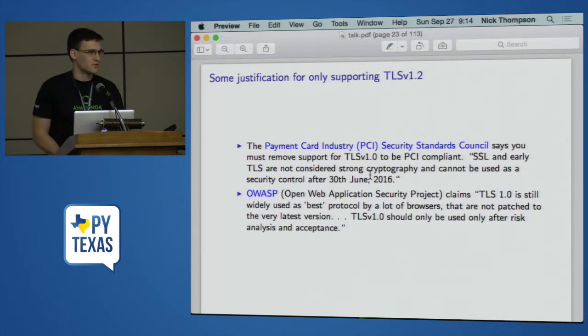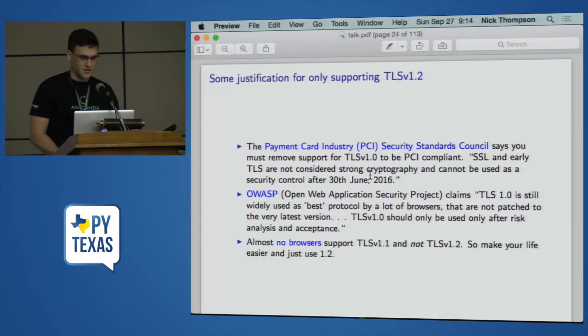So if you're engaging in any sort of credit card payments or stuff like that, which you hand roll, you're going to lose your PCI compliant status on the 30th of June of 2016. So I recommend just getting it over with and making sure that you're using these strong protocols.